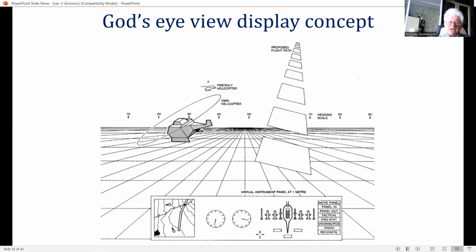And this figure shows a 3D God's eye view display, which provides the pilot with a stereoscopic view of his helicopter, as well as its relationship to its proposed flight path. Further information can be provided by enabling the pilot to change his apparent position outside the aircraft.